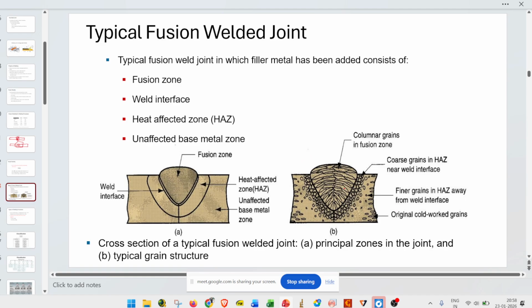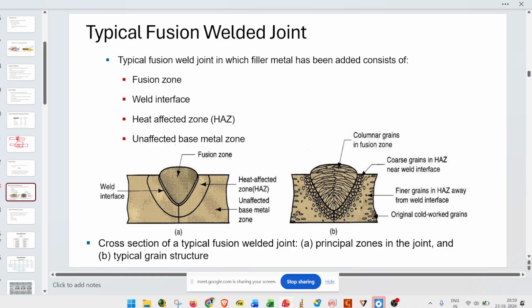Okay, in the case of the weld bead, we mostly see this kind of columnar grains. Why do we see columnar grains? Columnar grains happen when the cooling occurs very fast.